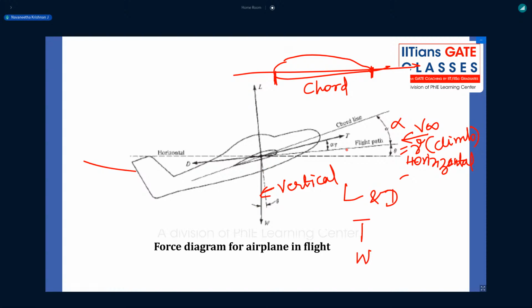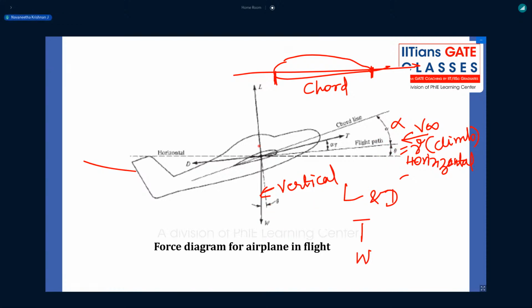If I draw a line perpendicular to the free stream velocity direction, that is the flight path direction, along this lift line, and this angle is gamma, then this angle is also gamma. Why? Because we have drawn two perpendicular lines, and the angle between two perpendicular lines of the same line results in the same angle. So this is also gamma.